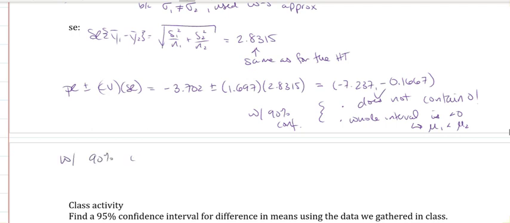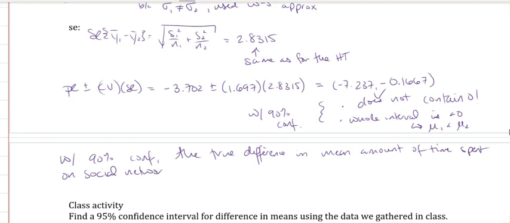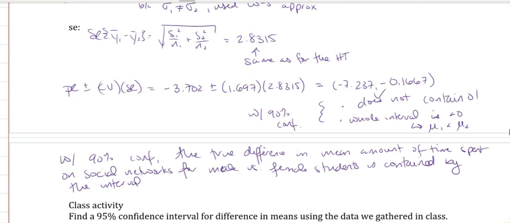With 90% confidence, the true difference in means, or excuse me, in mean amount of time spent on social networks for male versus female students is contained by the interval negative 7.237 to negative 0.1667 hours.